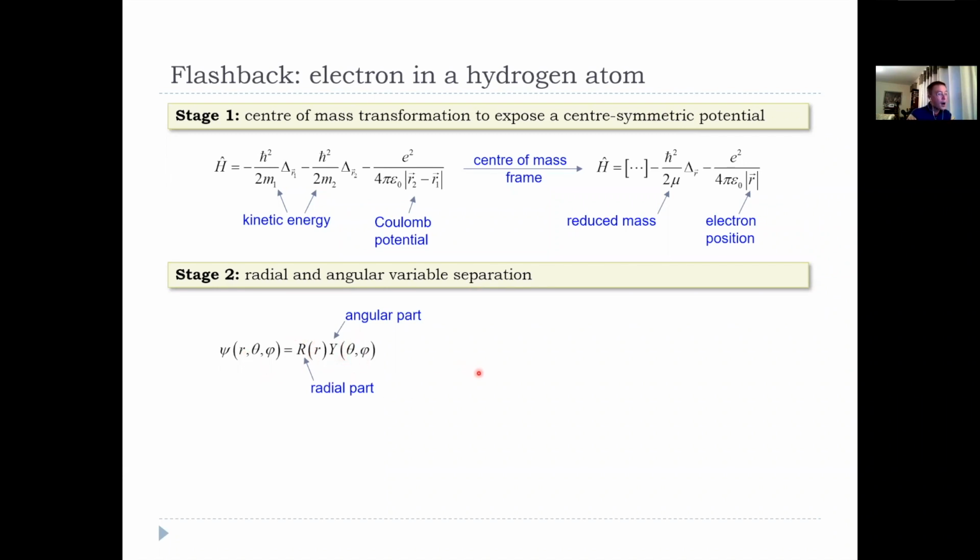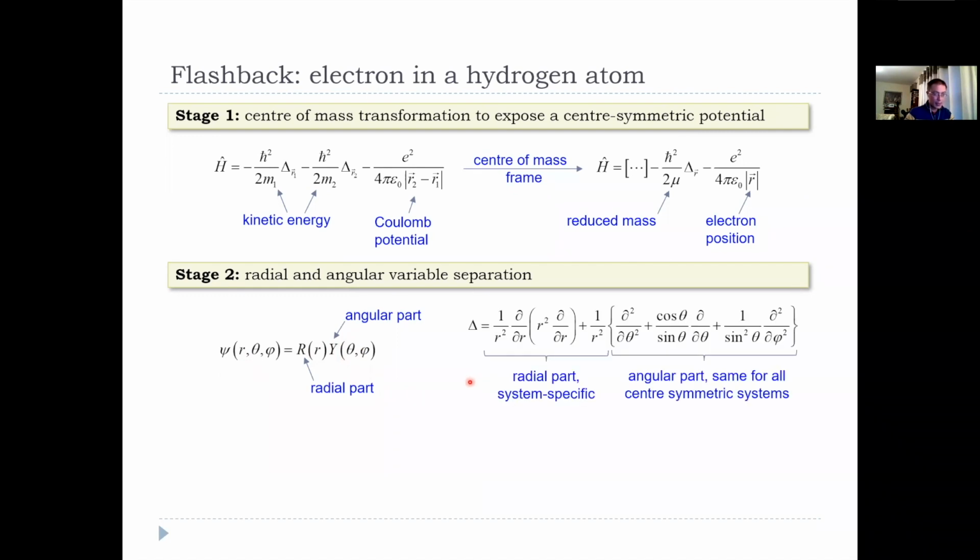And after a horrendous pile of mathematics that I still have painful memories of all these years later, it separates into a radial part, which is system specific. It's different in each atom because of the different number of electrons and so on. But also the angular part, which is universal because every single atom has complete spherical symmetry.